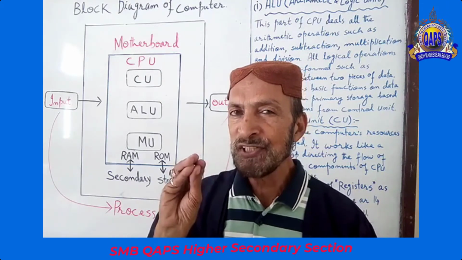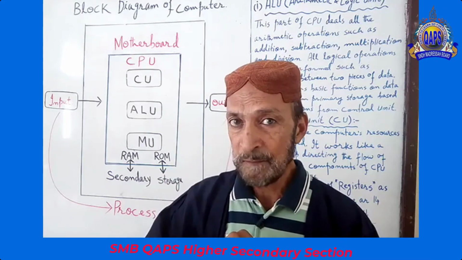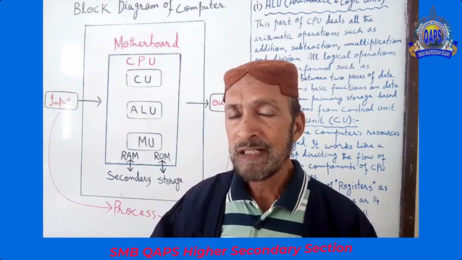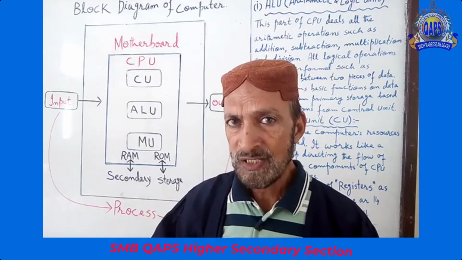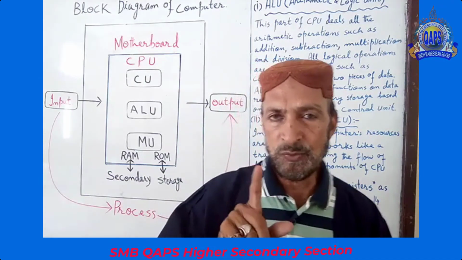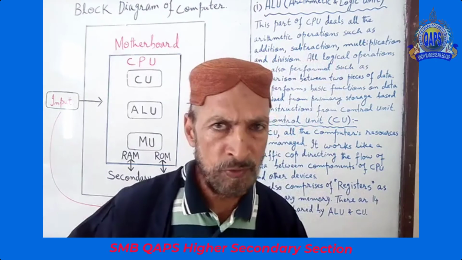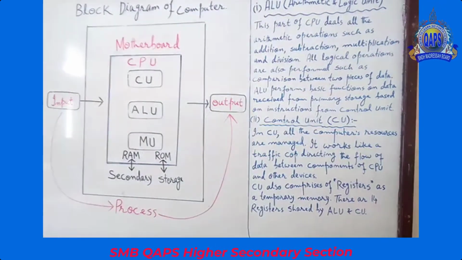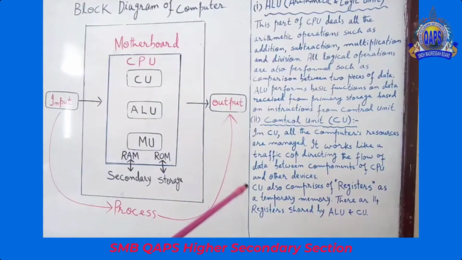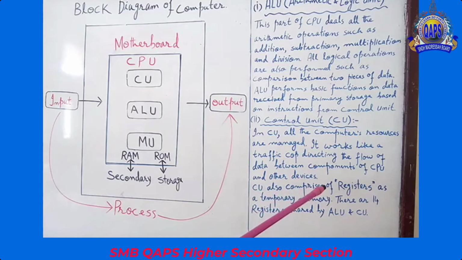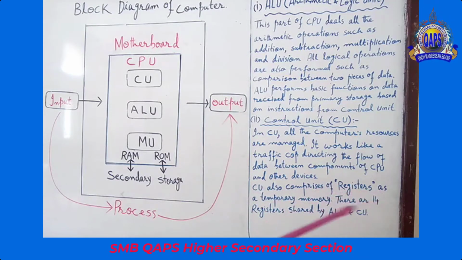Total 14 registers shared by ALU and CU. Coming to the short note again. CU also comprises registers as a temporary memory. There are 14 registers shared by ALU and CU.